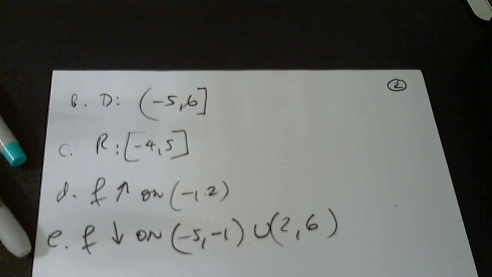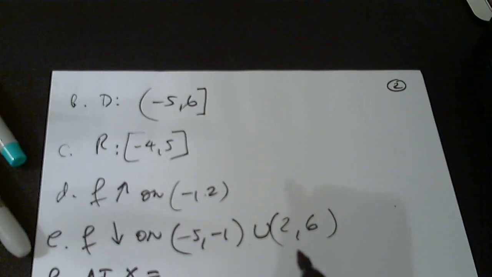For what number? So they're asking us for x. Does f have a relative max? Then they're asking, what is it? Where it is, it means x. What is it? It means y value. So first the maximum. Does it have a max?